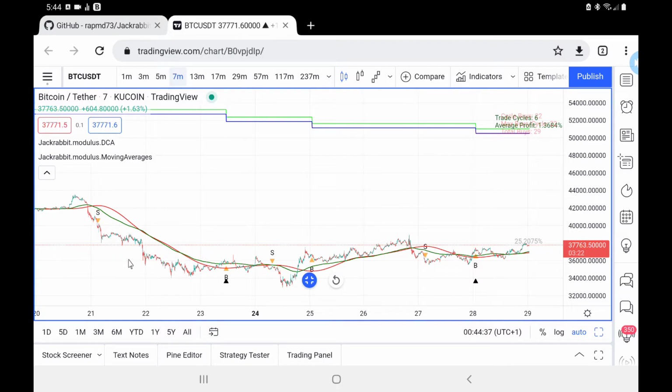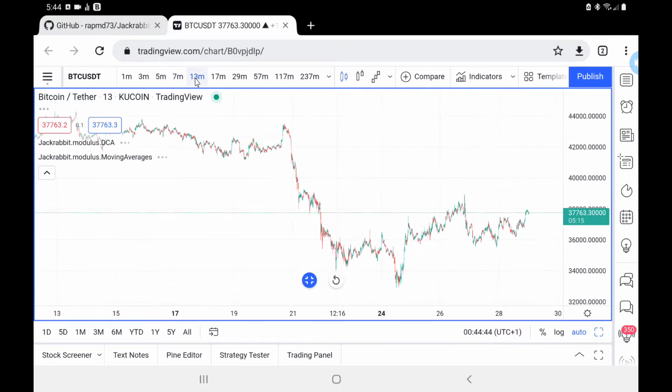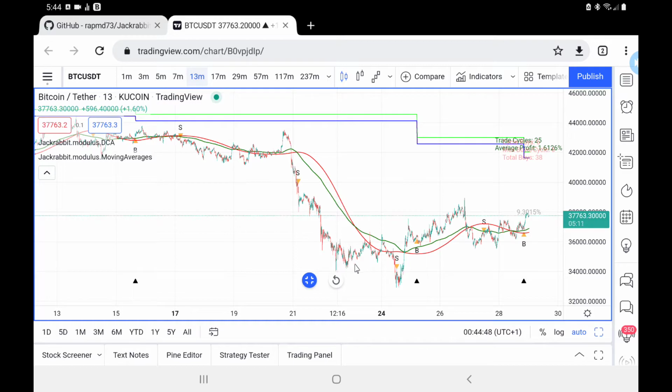Here's this big drop we recently had. Here's that big drop again.